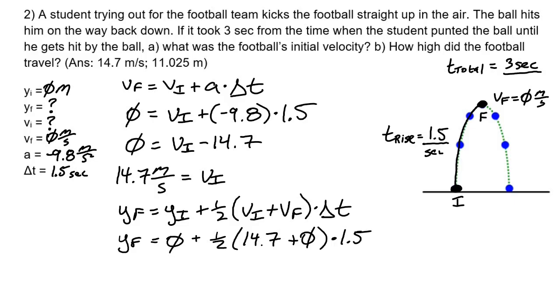And all we have to do is plug everything in the calculator. Obviously, we don't need to plug this in or this over here. We just have the 0.5 times the 14.7 times 1.5, and we should get the answer 11.025 meters. And that's how high it goes.